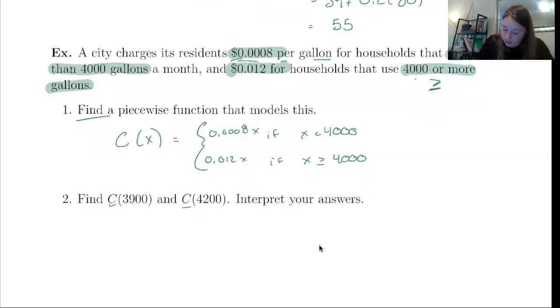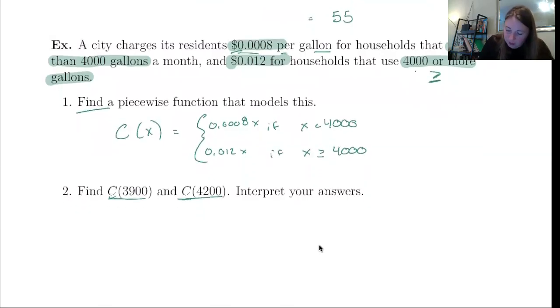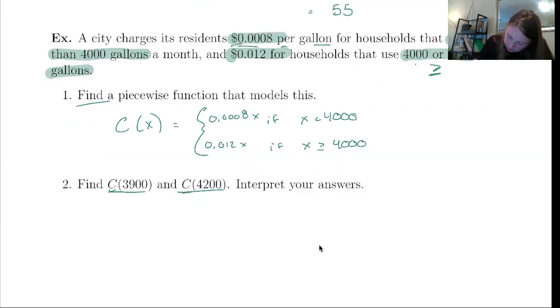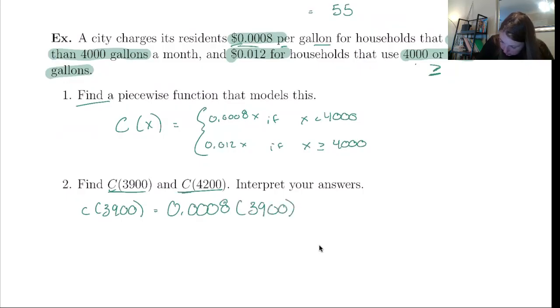So now we're asked to find these things. C of 3,900 would fall into this top one, since 3,900 is less than 4,000. So 0.0008 times 3,900 gallons would cost me, oh, I did an extra zero.